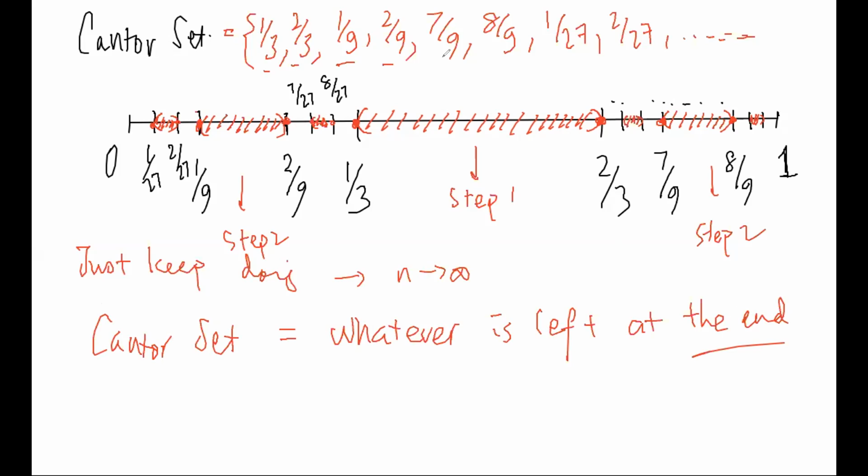It will definitely include these singletons, but towards the end, you will never actually get all singletons. Rather, the set here will include some intervals that are extremely small, but they are not singletons.